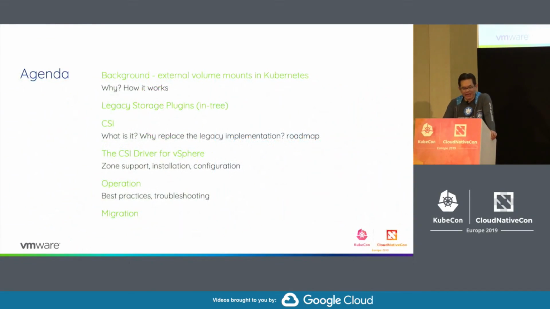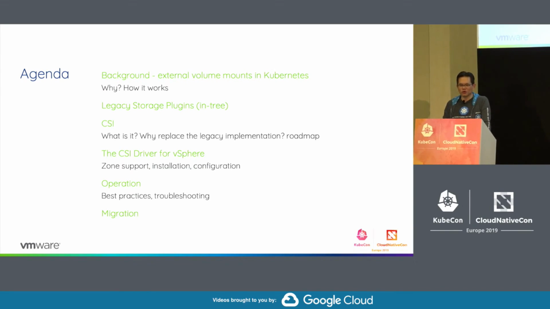Our agenda today, even though this was advertised as an intro, maybe is getting towards a gray area, getting into deep dive. So I'm going to rush through the history of how external volumes are supported in Kubernetes. We're going to go briefly into the situation with what's called the legacy plugin, and I'll get into what that means.